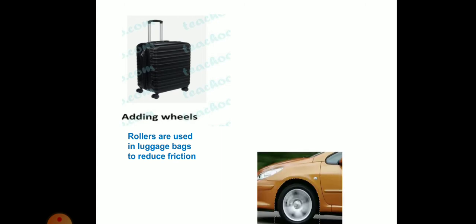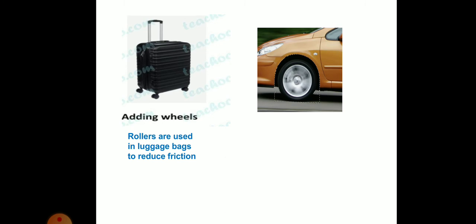For example, a suitcase dragged on the floor will offer a large amount of friction. However, if wheels are provided to it, a very small amount of force is required to move it, because the force of friction is decreased or reduced, okay, by using the wheels.